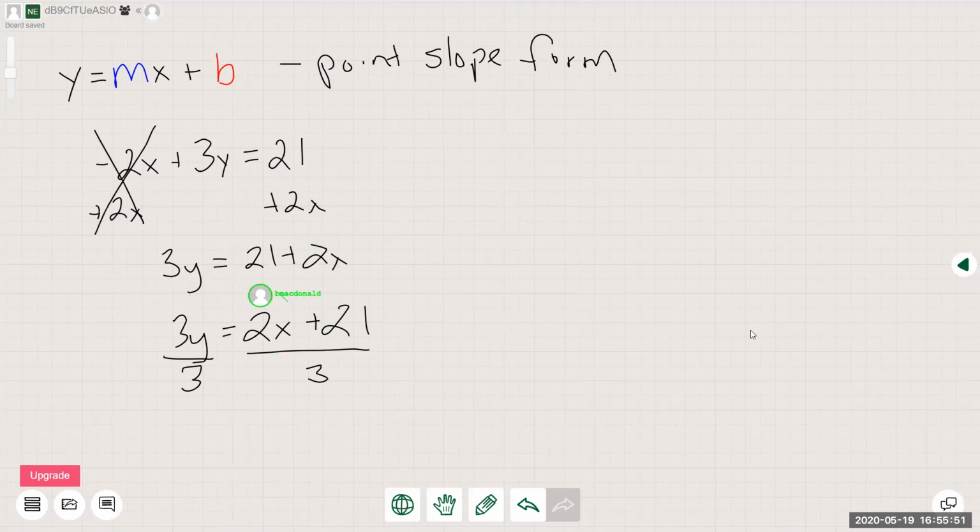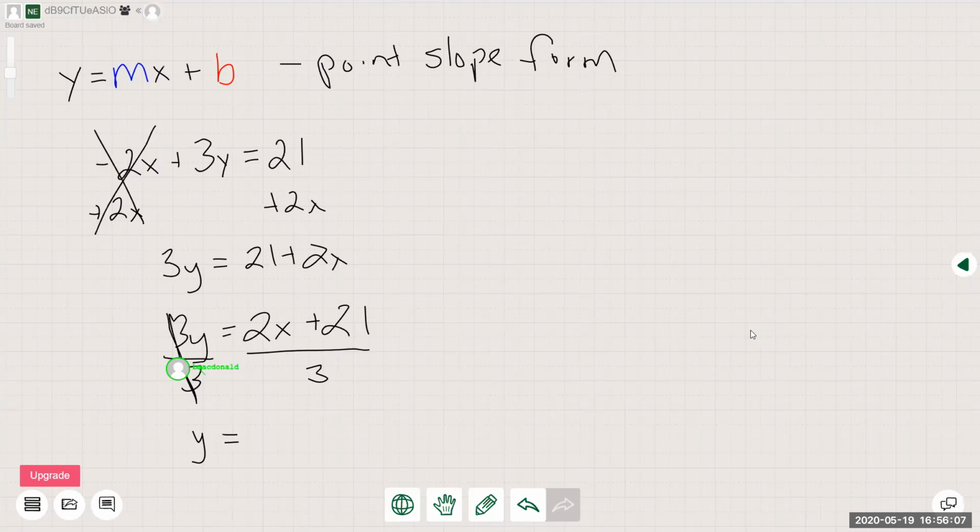So the 3's will cancel out there, and we'll just have y on its own over here. And then the 2x, we can just break these out into 2 separate fractions.